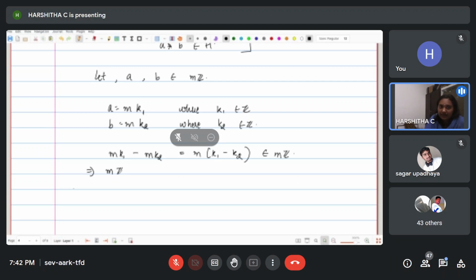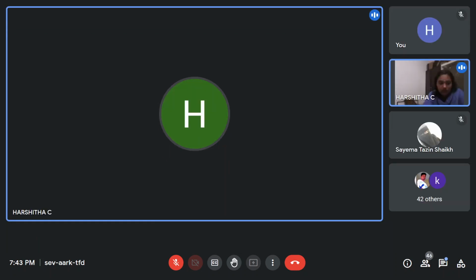Now you go back to this. You know that 3Z is a subgroup, 4Z is a subgroup. So using this theorem, the intersection of two subgroups is a subgroup. So 3Z, 4Z are subgroups.